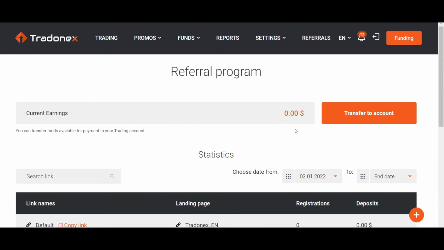So if someone funded an account with $1,000 and they used your referral, you would see 20% add up right here. And you can either withdraw that or you can add it to your trading account. Personally, as you see, I don't have any earnings because I really haven't referred anyone.